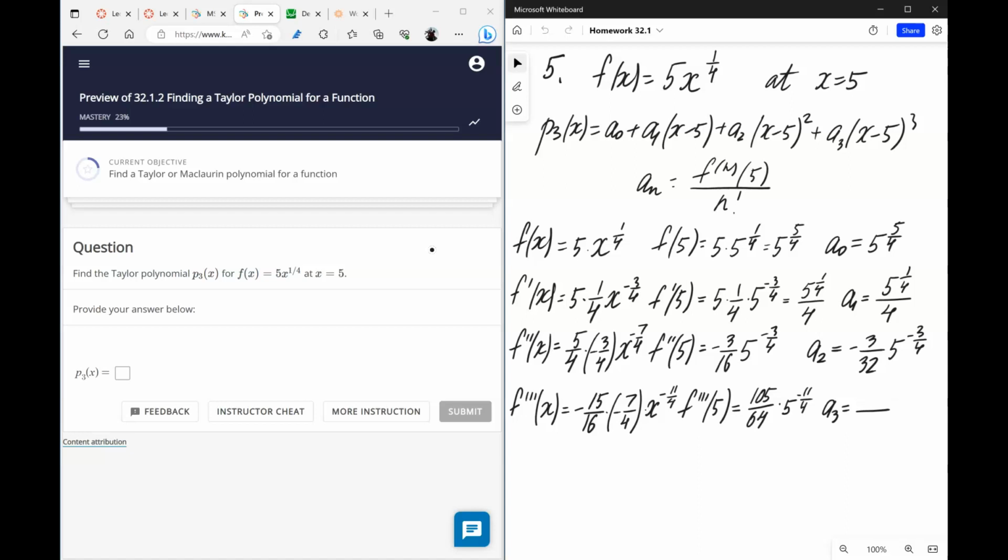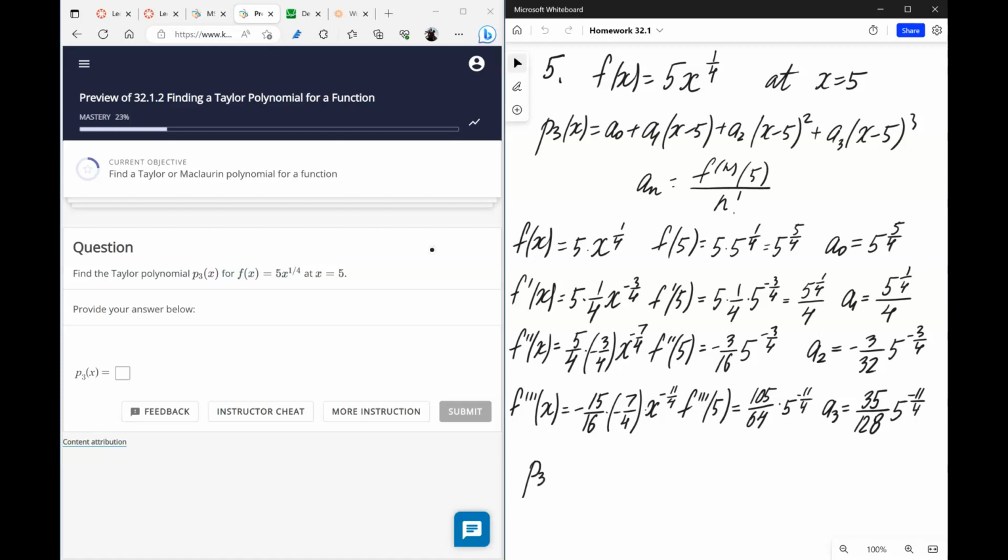We can reduce this by 3, and we can reduce this by 2, multiply this by 2. And that's pretty much it, right?